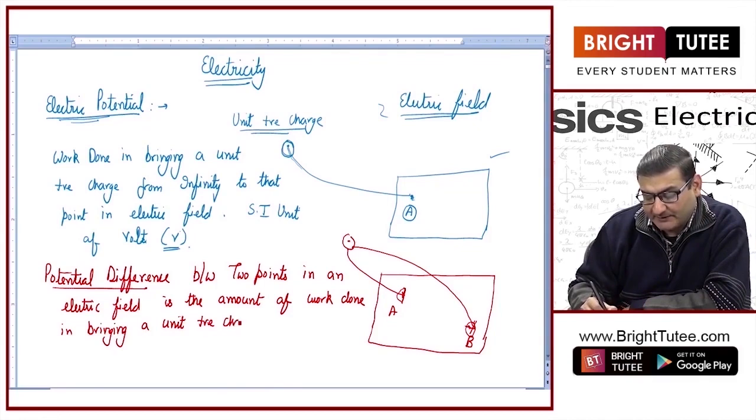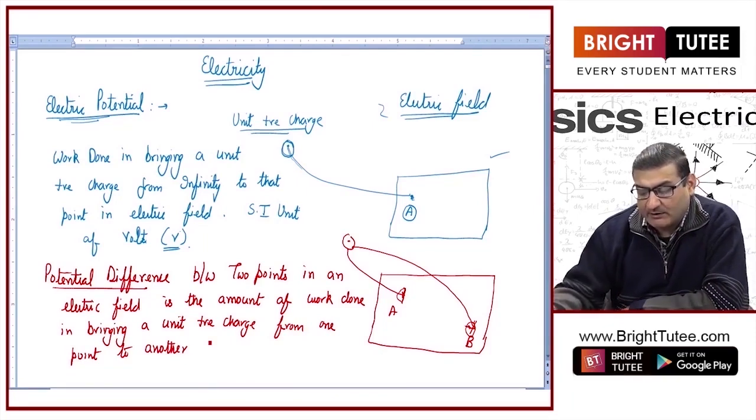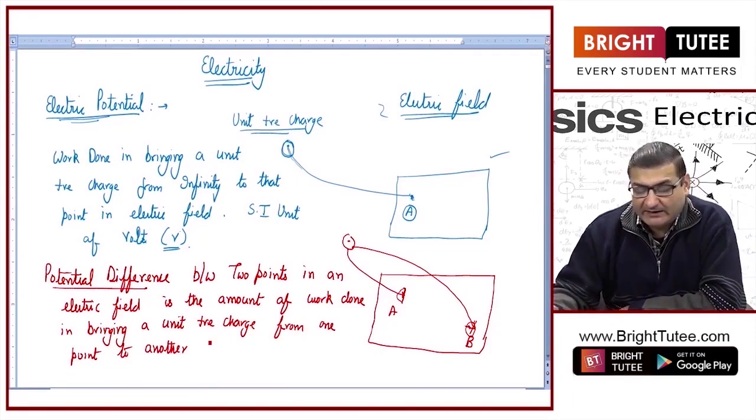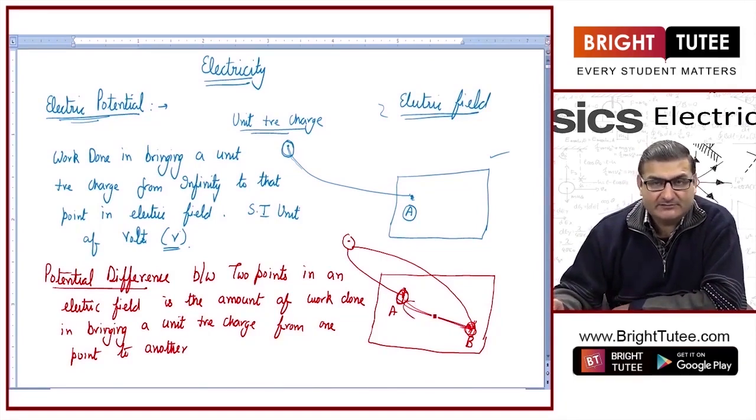We are bringing this charge from A to B, from one point to another. That means the amount of work done in moving this charge from this particular point A to this particular point B, this is known as potential difference.